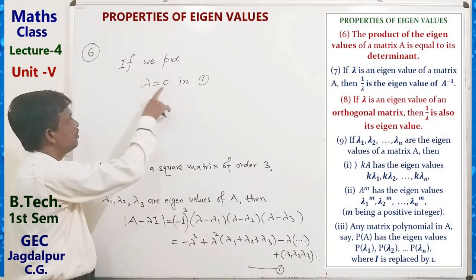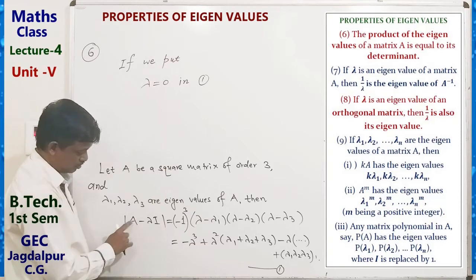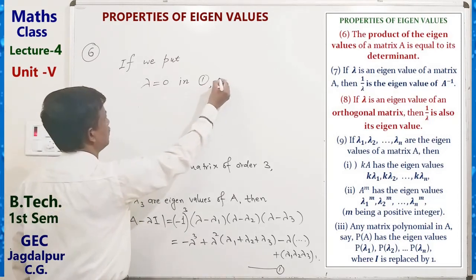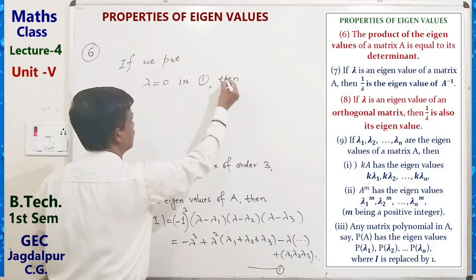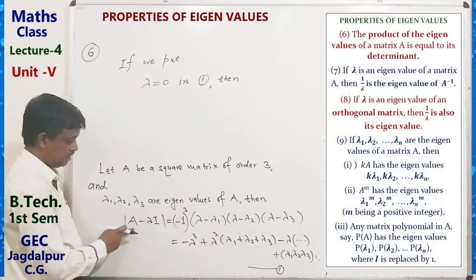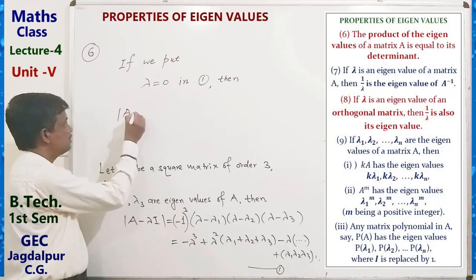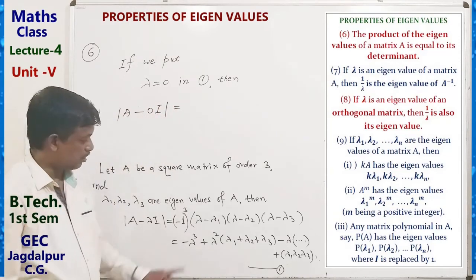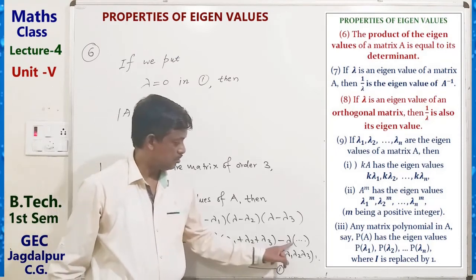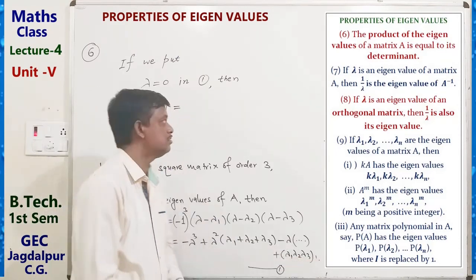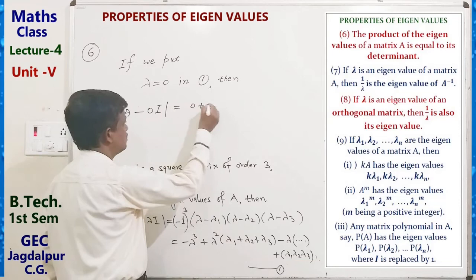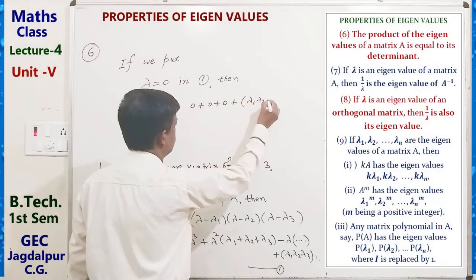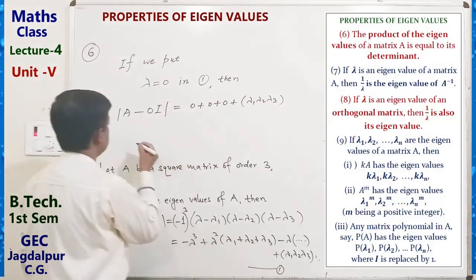If we put lambda equals 0 here, so 0 into I, then we get determinant of A minus 0 into I equals, here lambda equals 0, so 0 plus 0 plus 0 plus lambda 1, lambda 2, lambda 3.